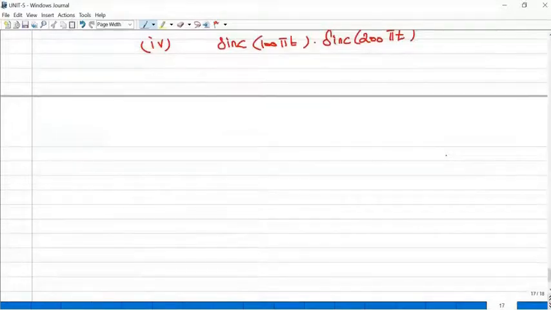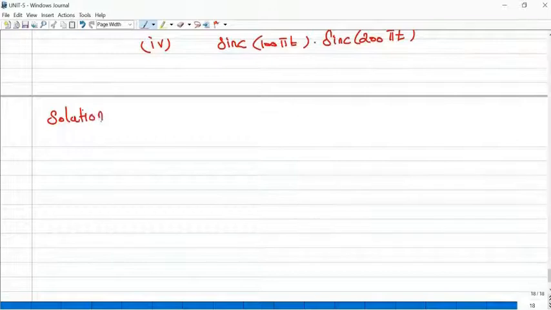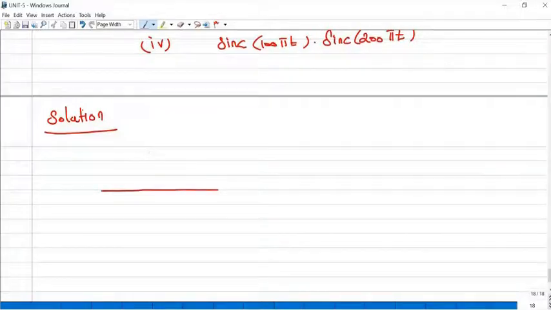Solution for this problem. Before starting the problem, we will recollect some basic information about the sinc pulse. Suppose a triangular pulse is there.